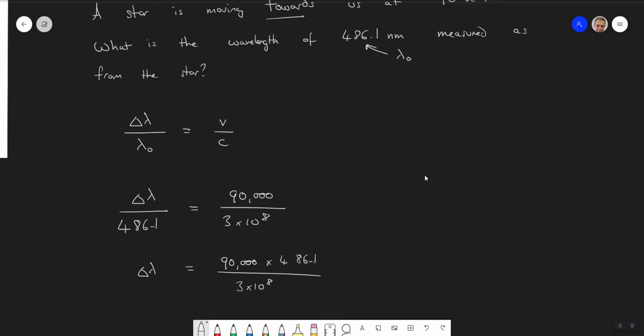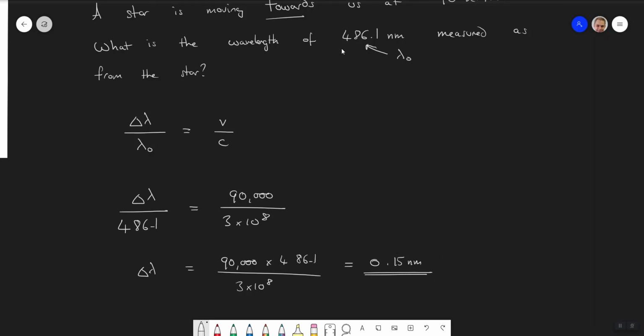Work this one out: 90,000 times 486.1 over 300. I have 0.1458, so I'm going to go with 0.15 nanometers. That is how much it shifted.